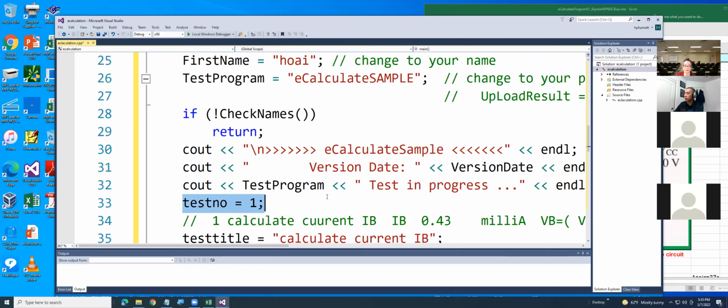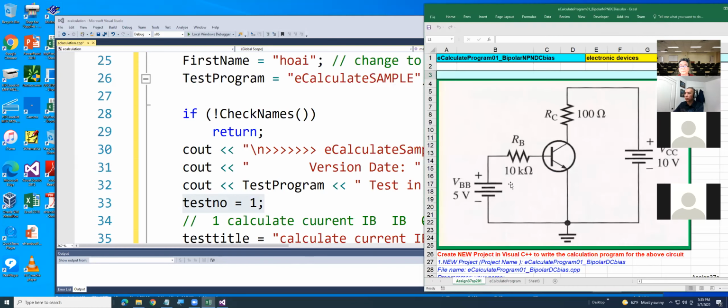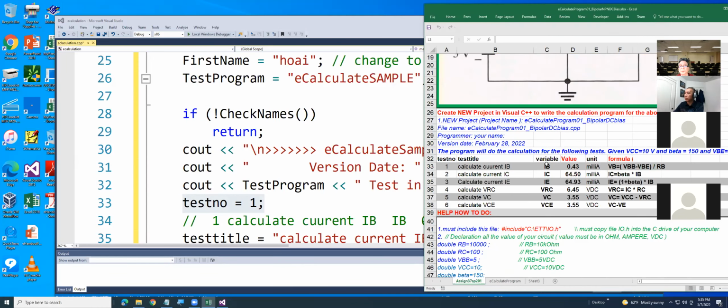Okay, so if you're looking in Excel, they already gave you tab number 1, the title, calculate the current IB.